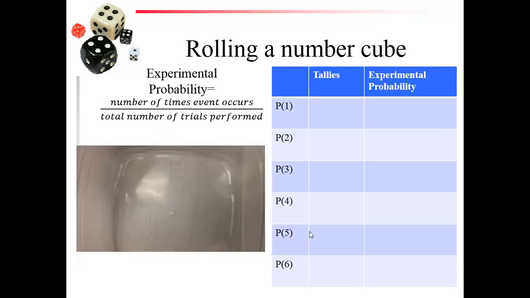All right, so let's look at an example. We're going to watch a short video on rolling a number cube. As you watch the video, please record tallies of how many times each outcome occurs, and then we'll calculate the experimental probability.